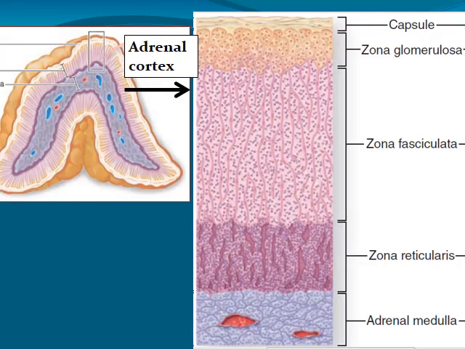You can see in the picture just below the capsule zona glomerulosa is there, then the zona fasciculata and next zona reticularis, and beneath the zona reticularis adrenal medulla is there. Out of these three cortical layers you can see the thickest one is the zona fasciculata.